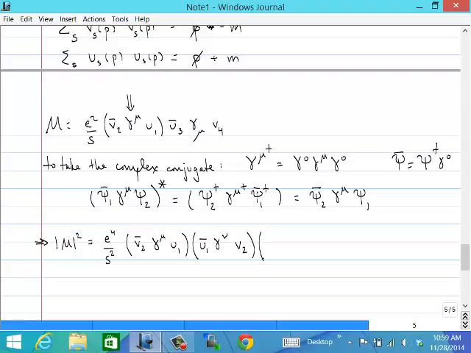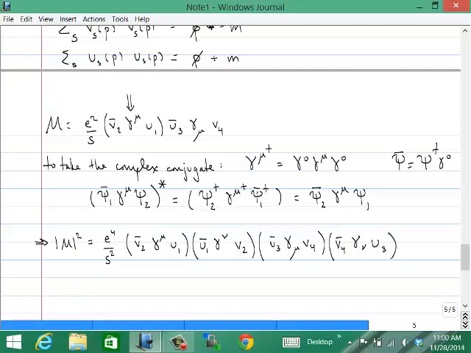And then we have a similar expression for those other two: a U3 bar gamma mu V4 and a V4 bar gamma nu U3. Okay.